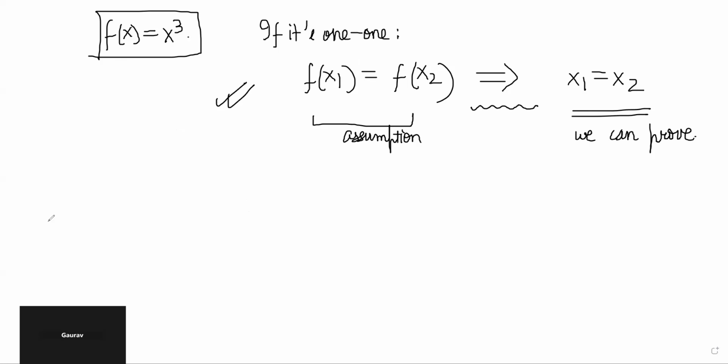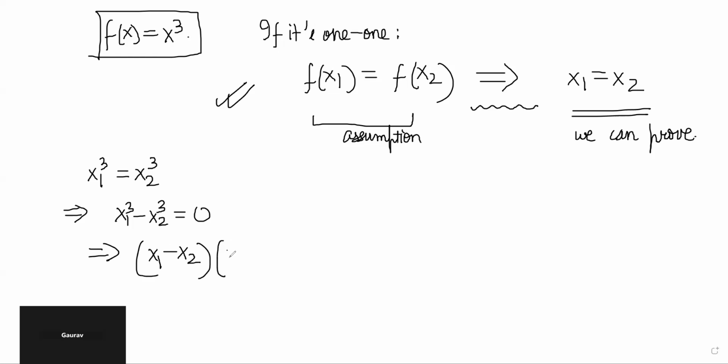So let's try it out. f of x1 is equal to f of x2. So you'll say f of x1 is what? x1 cube is equal to x2 cube, right? So from here we can say x1 cube minus x2 cube is 0. And then we can take factors like this, and then x1 square plus x1 x2 plus x2 square, right?